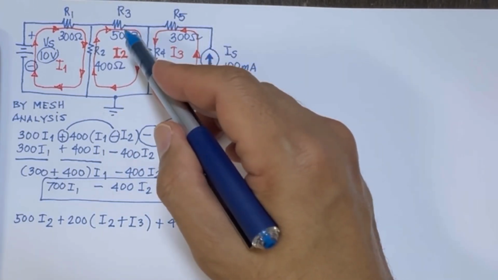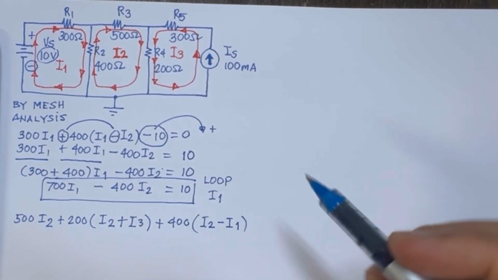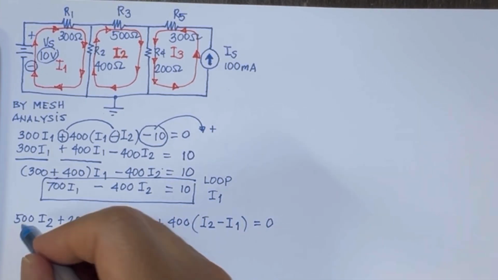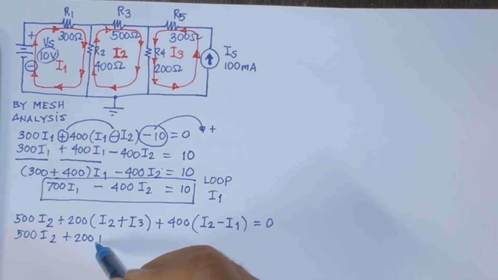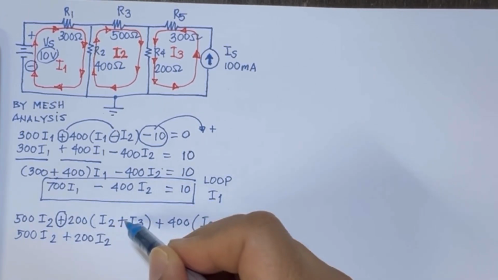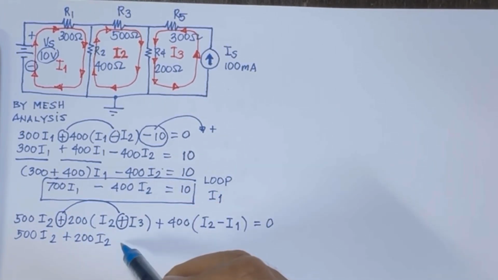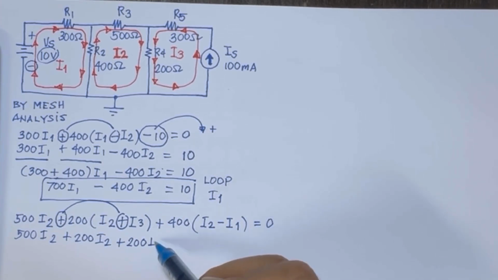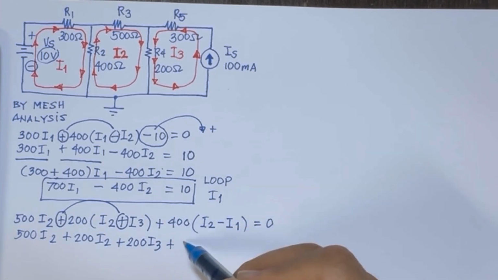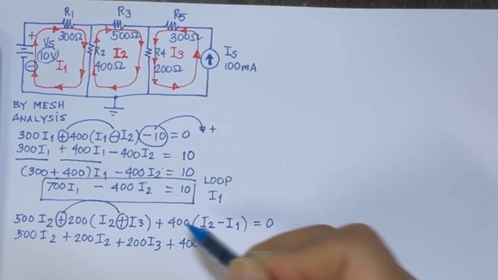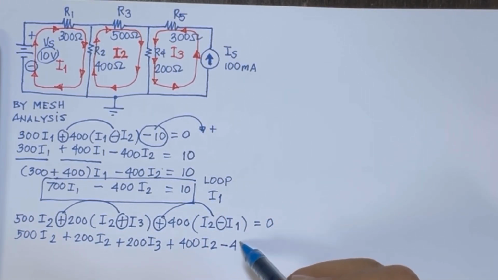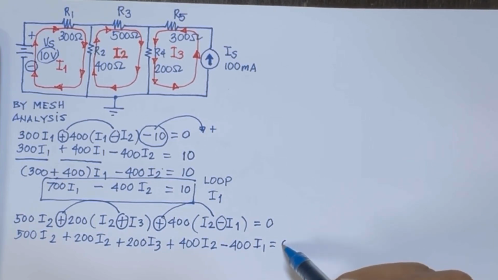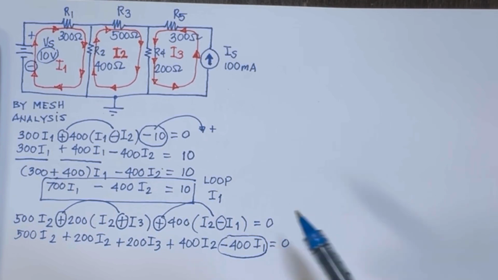And that's it, equals 0. Then we write here 500 I2 plus 200 I2 plus 200 I3 plus 400 I2, plus and minus, so it will become minus 400 I1 equals 0.